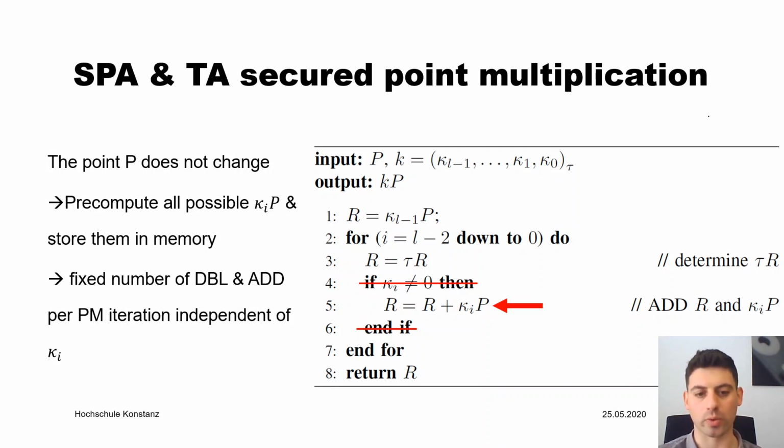Therefore, we pre-compute all possible products kappa i P and store them in a memory. Depending on the current kappa i value or digit, the corresponding product is read from the memory. This results in a fixed number of add and double per point multiplication, independent of the value kappa i.